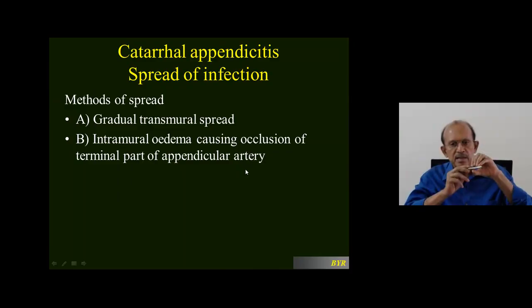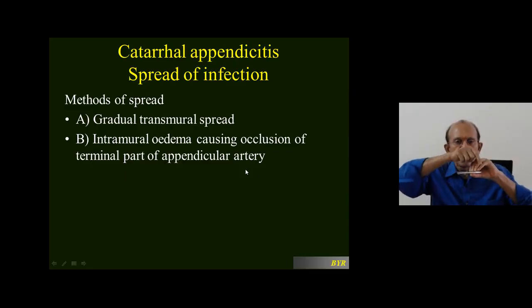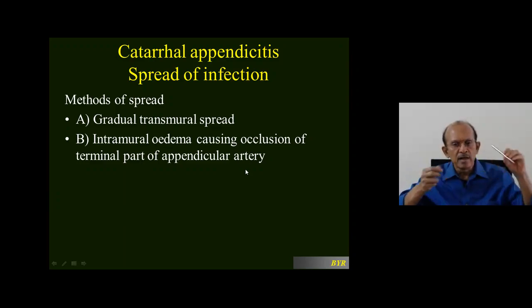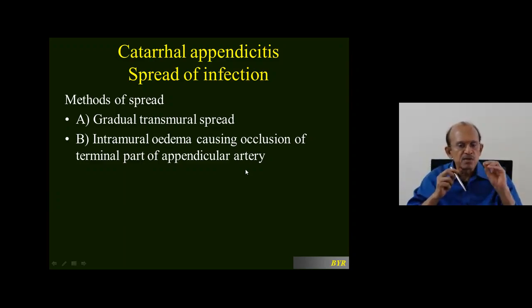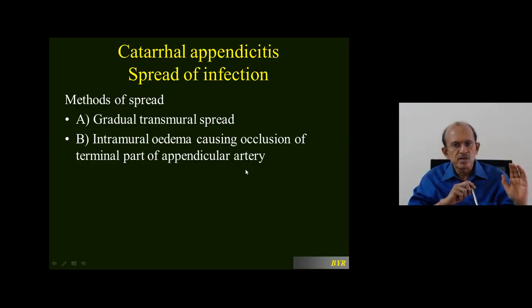Whenever the appendix is swollen and very much stretched, what will happen to the blood vessels? These blood vessels are also elongated because they are going circumferentially. So when they get elongated, their lumen becomes narrowed, and the blood flow becomes reduced.